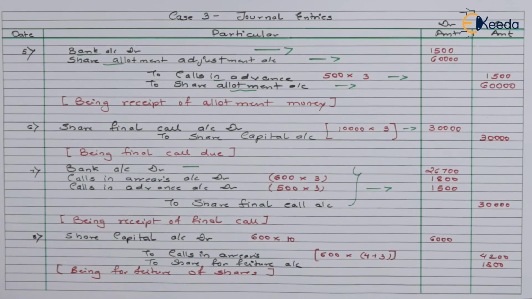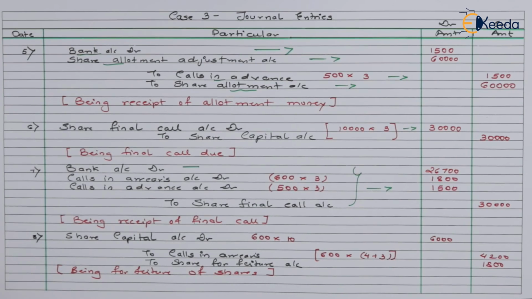So 30,000 is the amount that we were expecting, out of which we have already received 1500 in advance, hence we won't be receiving that anymore. We have certain calls in arrears as well, so we have mentioned that amounting to 2800 for 700 shares, and the balance that is left has been mentioned in the bank account.